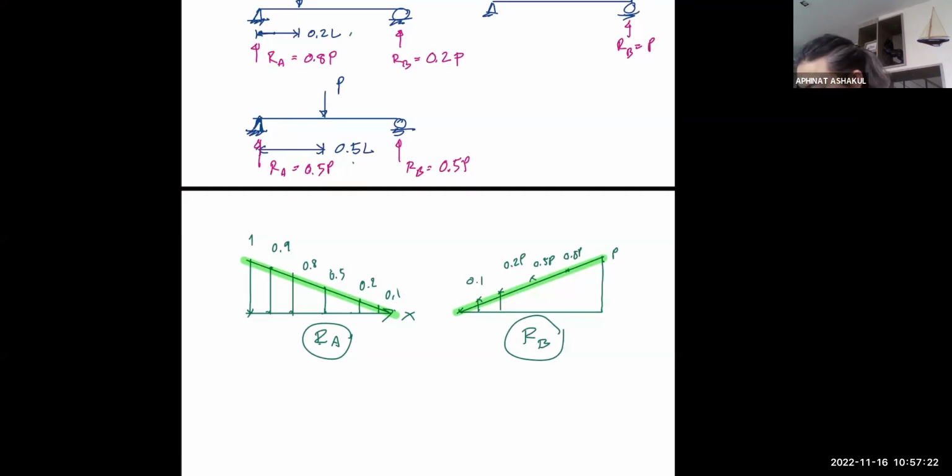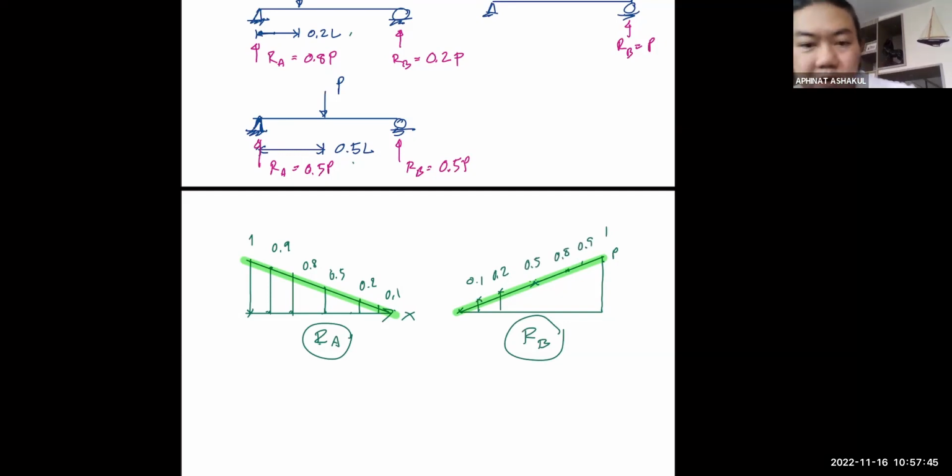This becomes 0.1, let me move that a little bit as well, 0.2, 0.5, 0.8, and 0.9 and 1.